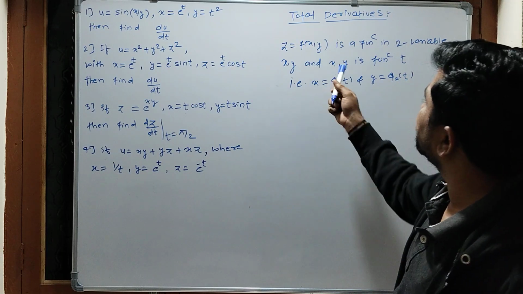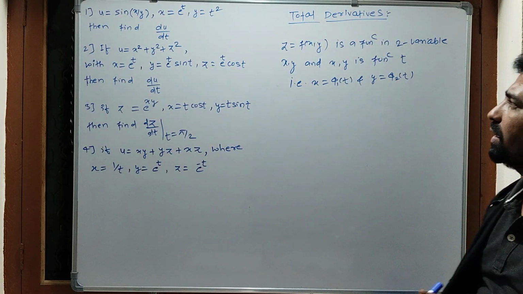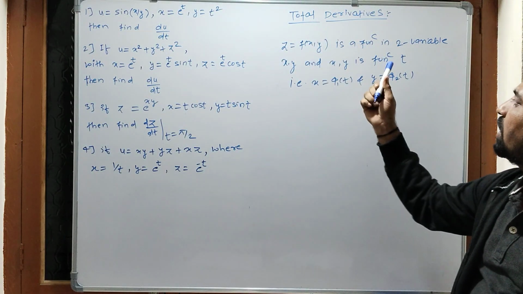That is, x is one function of t, and y is another function of t, phi 2 of t. Then z is the function of t.